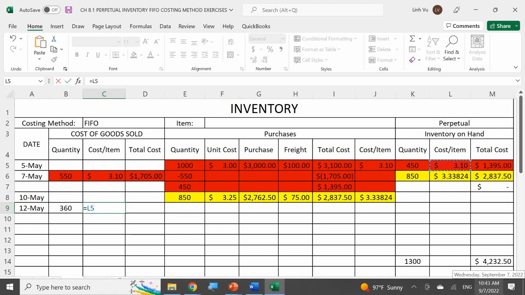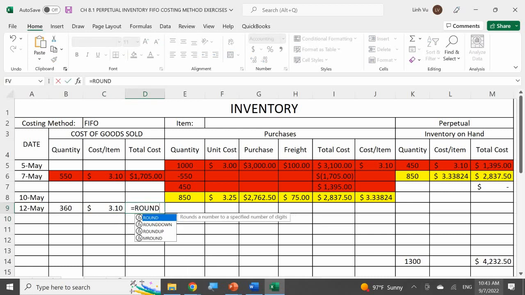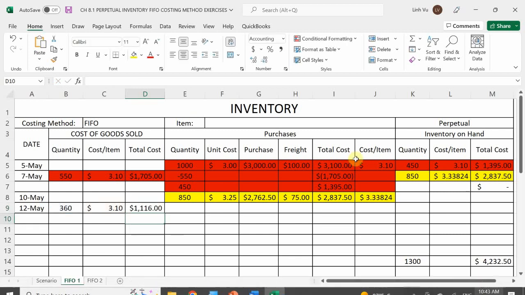So therefore, what does it cost me for my red batch per item? $3.10. So therefore, what's my calculation here going to be? What's my total cost of goods sold? $11.16.